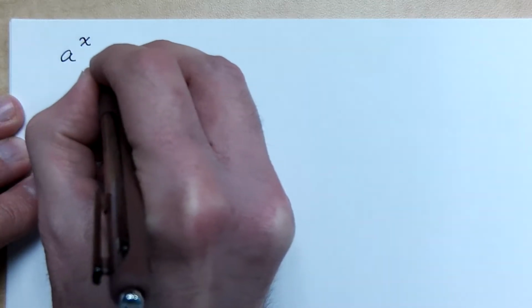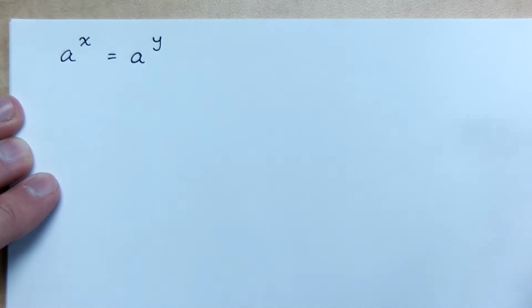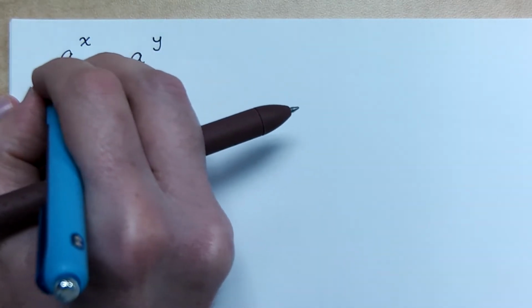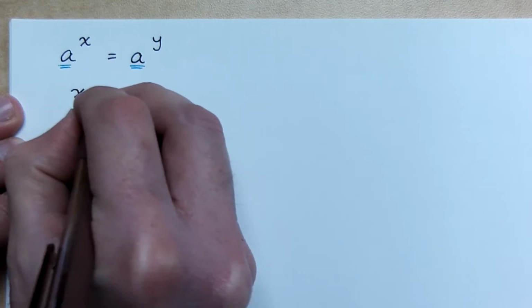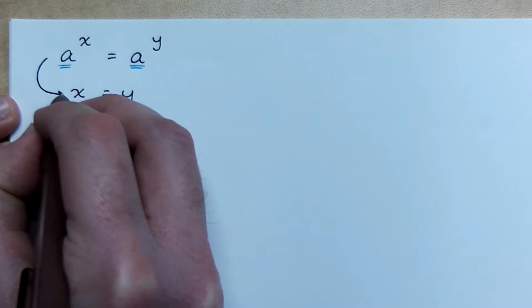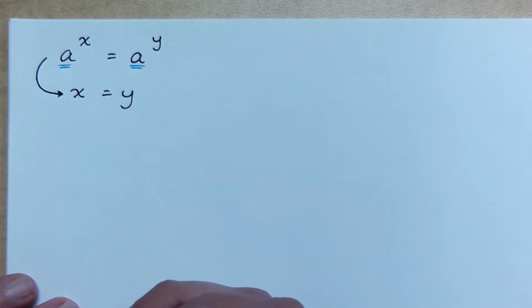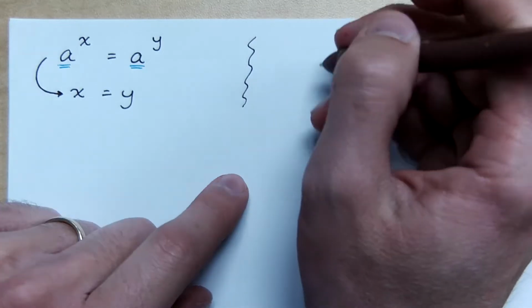So we saw before that when we have an exponential equation, when the bases are the same, that meant that the powers would then be equal. So you go from here to here. Now we want to look at something that's similar to this, but just a little bit different.